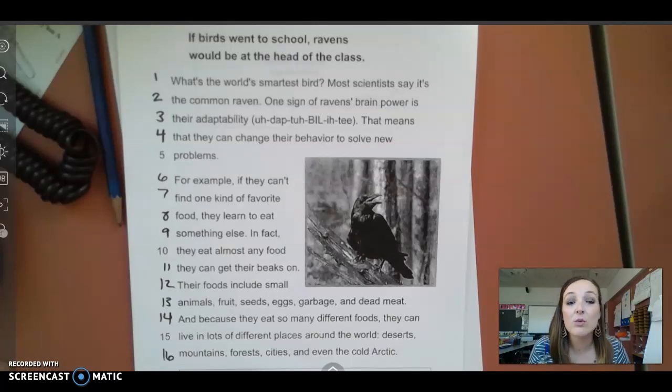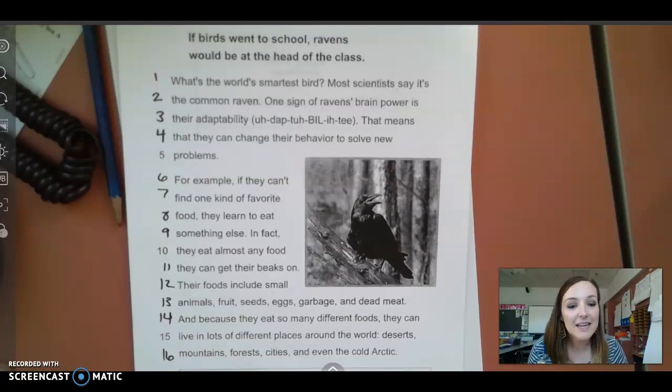If birds went to school, ravens would be at the head of the class. What's the world's smartest bird? Most scientists say it's the common raven. One sign of ravens' brain power is their adaptability. That means that they can change their behavior to solve new problems. For example, if they can't find one kind of favorite food, they learn to eat something else.